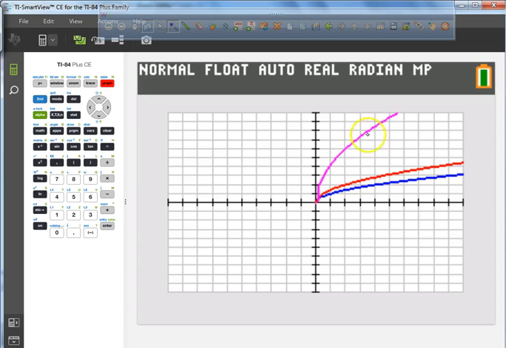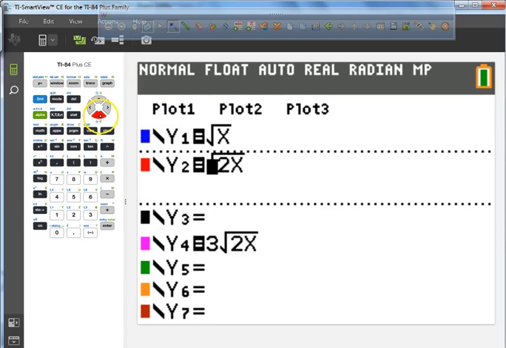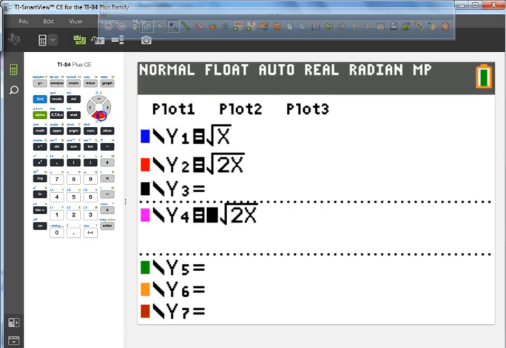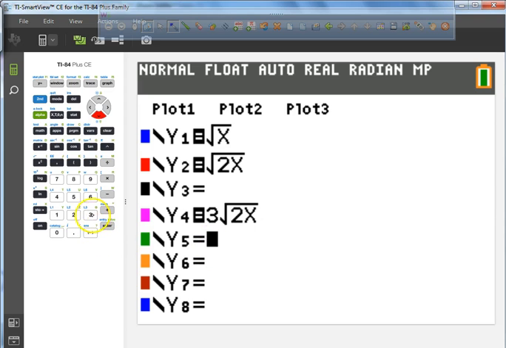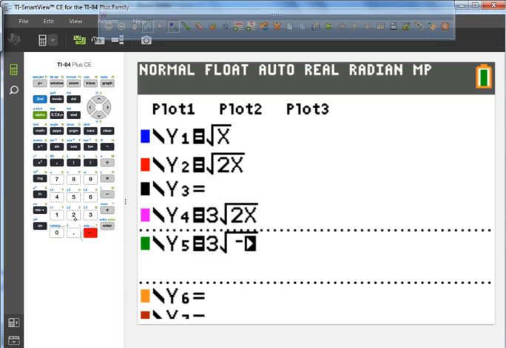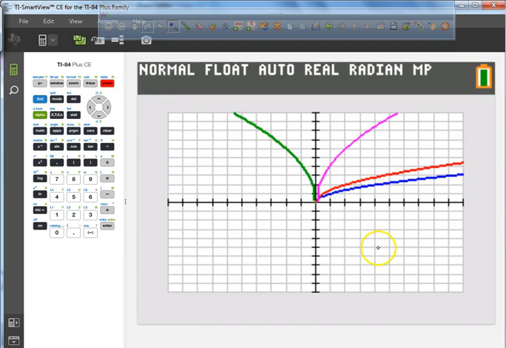And then what did I want it to do? I want it to reflect where? Across the y-axis. So I'm going to go down to the last one, which is green here. I'll type that in: 3 radical negative 2x. Hit graph. And what happens? It goes across the y-axis.